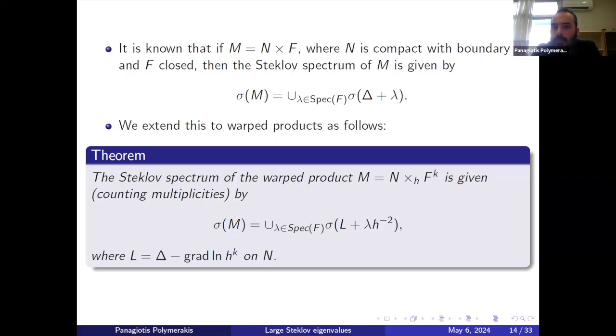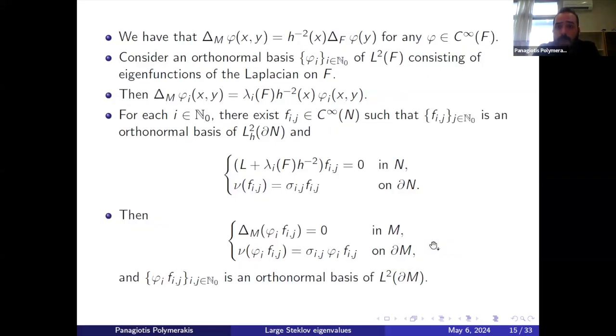And the proof for this is pretty simple and quite similar to the case of the Riemannian product. It's just by separation of variables, essentially. So we consider an orthonormal basis phi_i, say, of L2 of the fiber, consisting of eigenfunctions of the Laplacian. If we consider the corresponding functions in the warped product, then we have this very nice formula for the Laplacian of them.